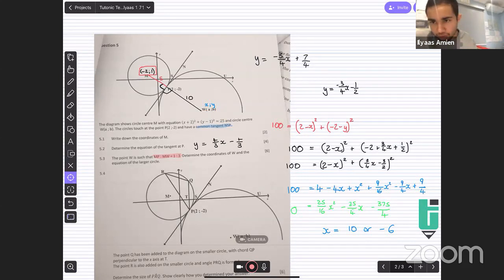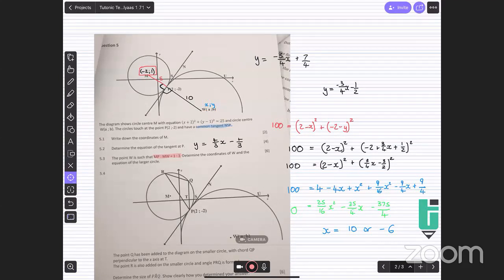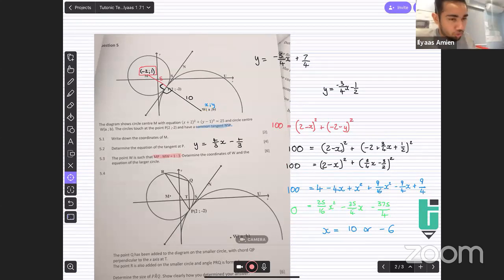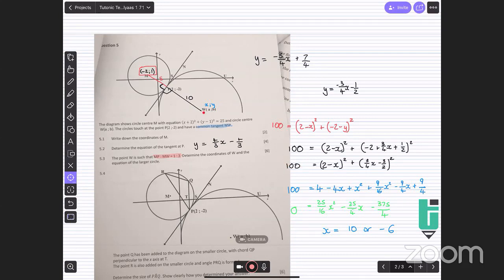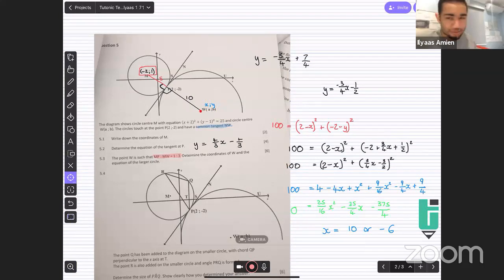Because that's the distance formula, 2 points. However, I'm looking to find the coordinates of a point which is 10 away from P, and also lies on the line y equals minus 2x minus 12.